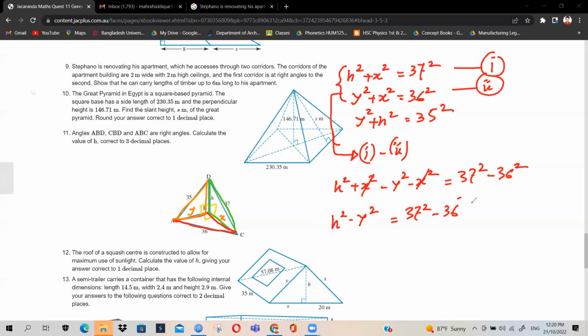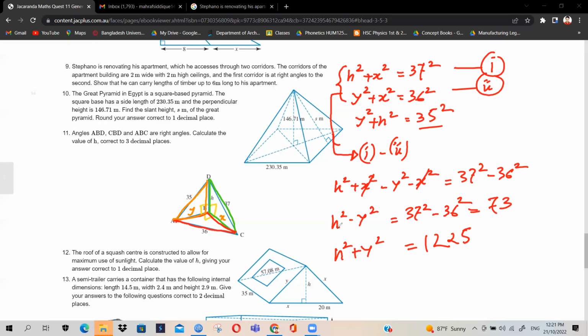Can you tell me the value for that? 73. Okay, 73. And we also have h squared plus y squared equals 35 squared. Can you tell me the value for that as well? 35 squared is 1225.